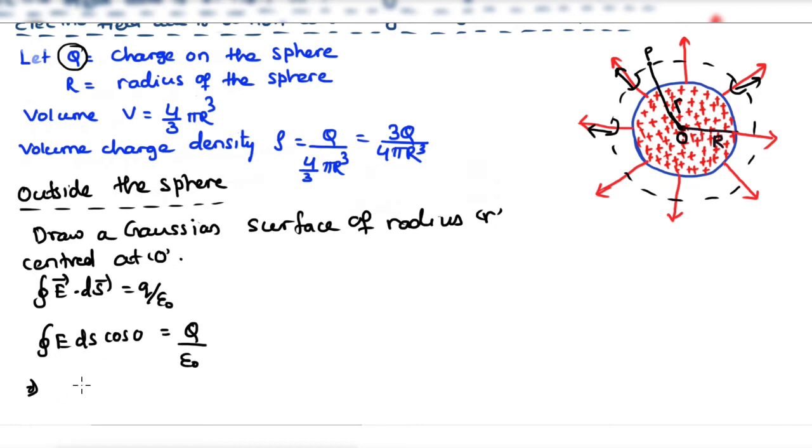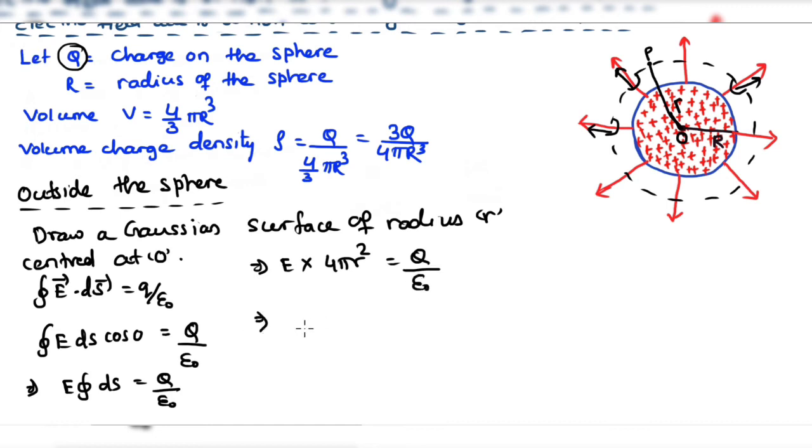So since E is constant at every point on the Gaussian sphere, I can take E outside, then closed surface integration ds is equal to Q by epsilon naught. That implies E into integration of ds will be how much? It will be the total surface area of the Gaussian sphere, which is 4 pi small r square, that is equal to Q by epsilon naught.